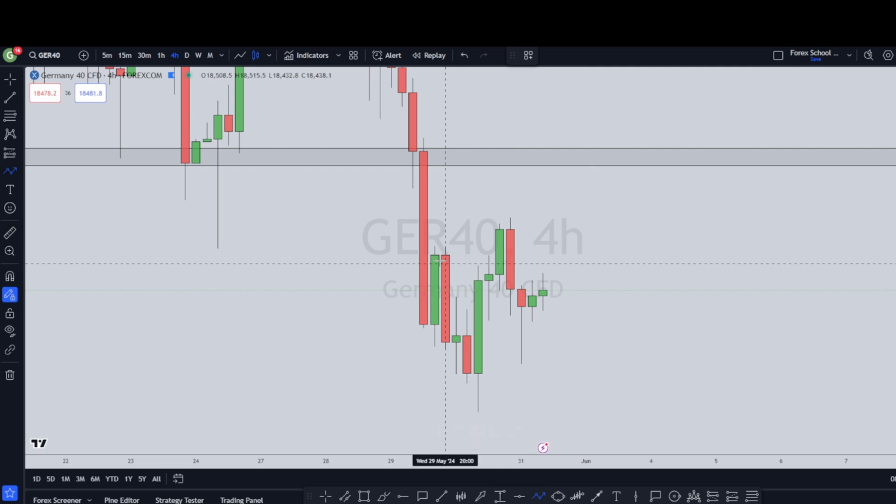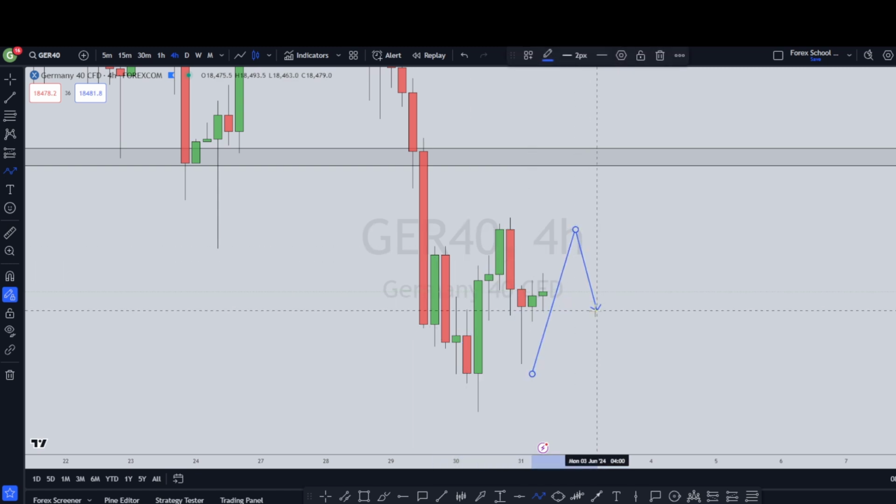Once again, this was a W formation, and we had this retracement to retest this neckline to complete the W formation. Now, after the retest of the neckline, which was an impulse and correction, what do we expect? We expect another impulsive move in the market, and so we expect a bullish move to the upside.